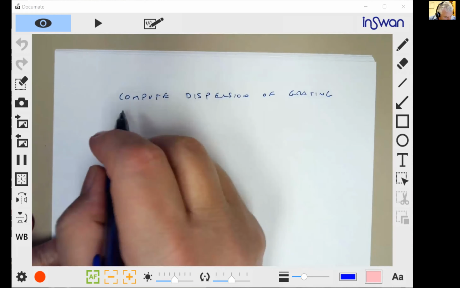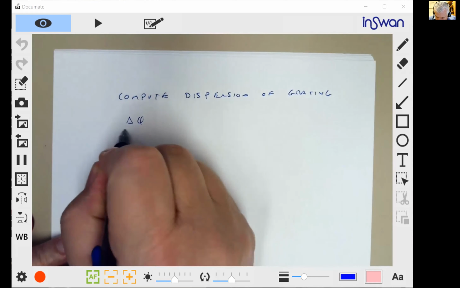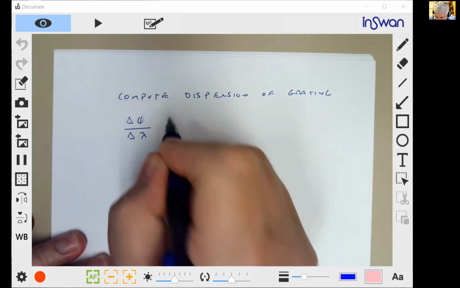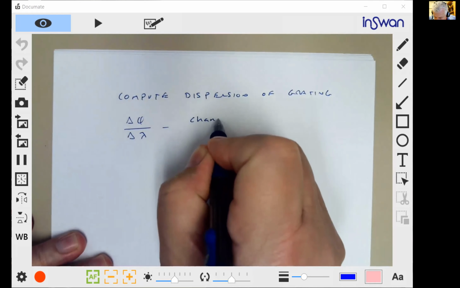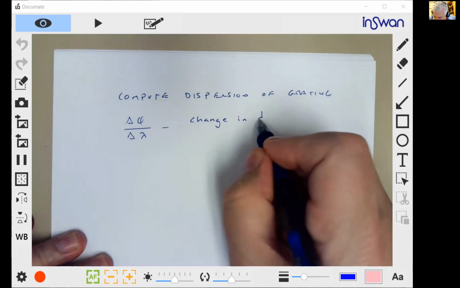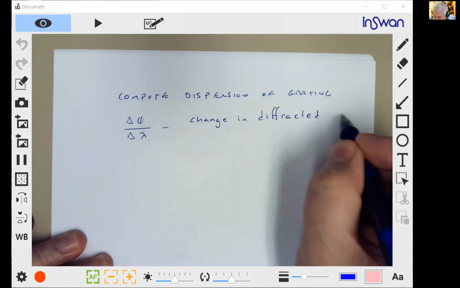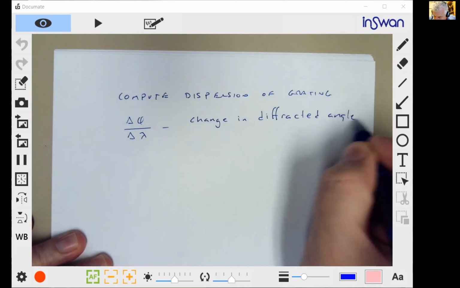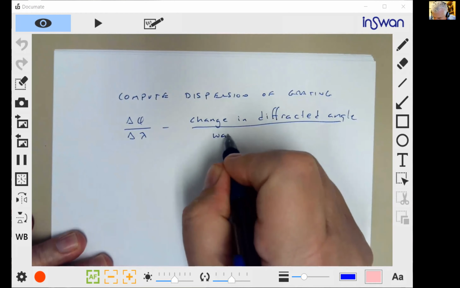And the dispersion is delta phi over delta lambda. This is the change in angle, the diffracted angle really, with respect to the wavelength of light.